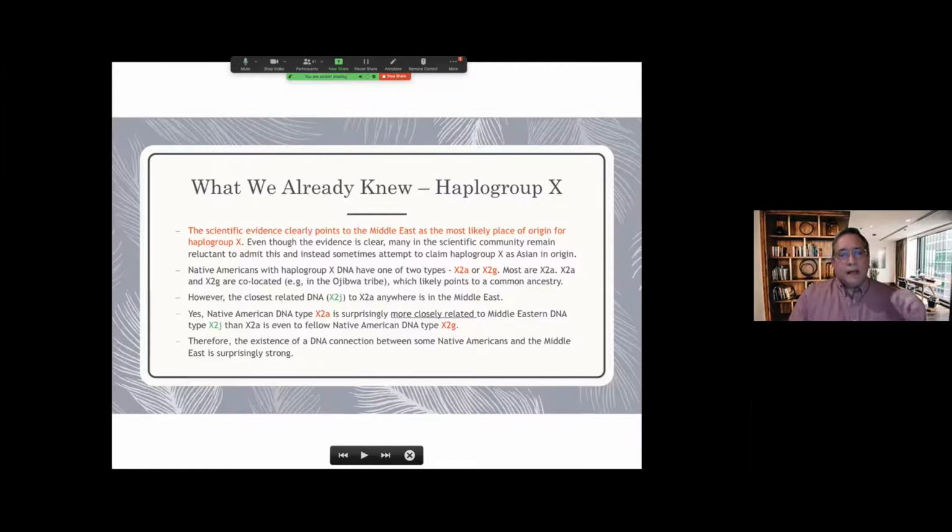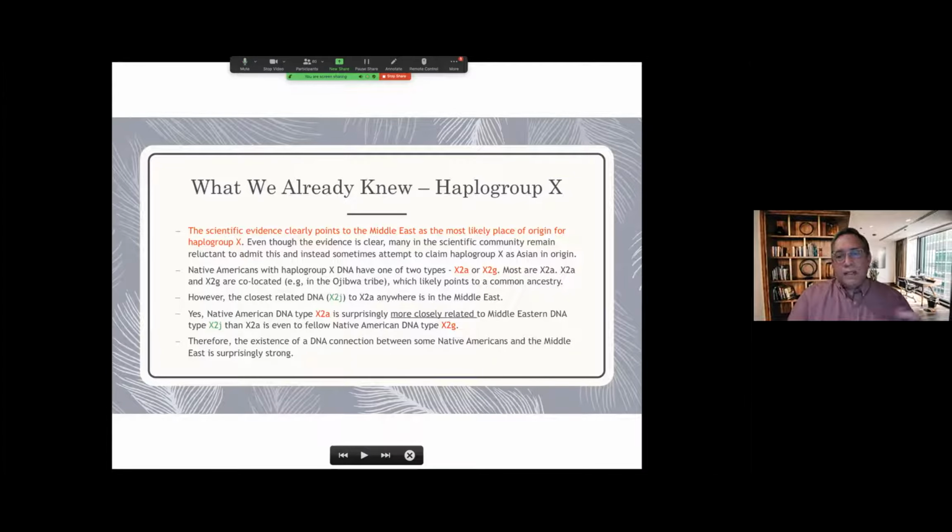Among Native Americans who have this haplogroup X DNA, they have one of two types, X2A or X2G. Most are X2A. Now X2A and X2G, these two Native American types, are co-located in the same groups. For example, they both have high percentages in Ojibwa tribes.